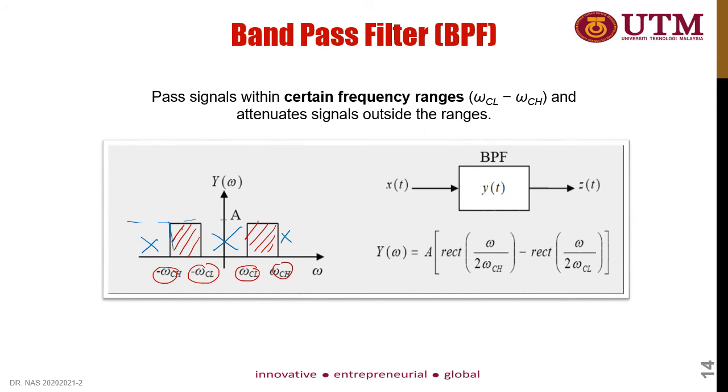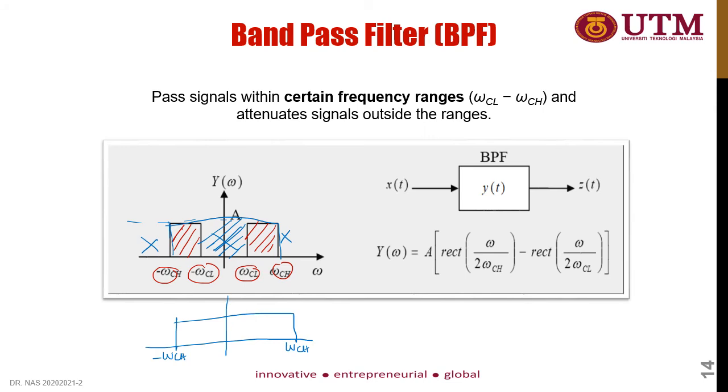The first one is the bigger rectangular minus the smaller rectangular. In this case, the bigger rectangular spans negative omega CH to omega CH.